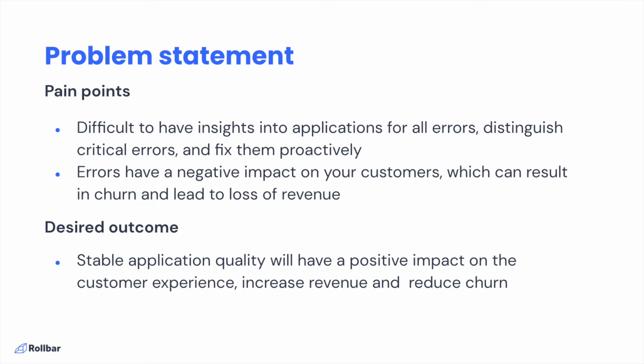All of that time lost allows these errors to continue causing problems for your customers, for your end users. Errors are one of the quickest ways to get folks to turn away from your application, and that leads to churn, and can lead to loss of revenue. So we definitely want to do everything we can to keep those errors out of your production code.